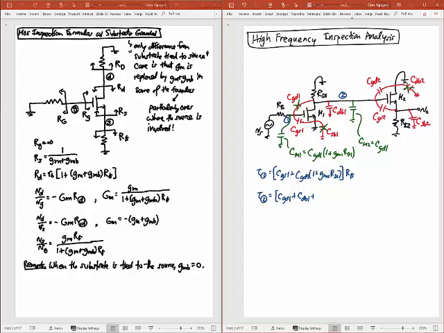But I do see a CGD2 going up to ground. Okay, so those are all my capacitors. I'm going to multiply that by the resistance I see at this node. Resistance I see at that node is r0 of 1 in parallel with RD of 1, but r0 of 1 is big, so I'm going to ignore that. Okay, and looking this way into the gate of M2, again, that's infinite. So I'm going to ignore that resistance.